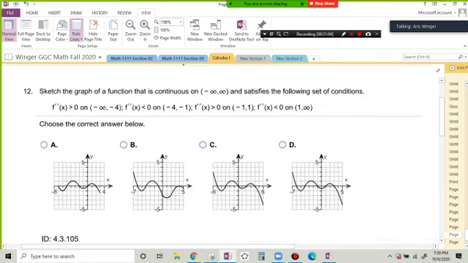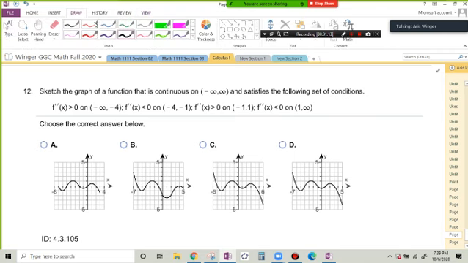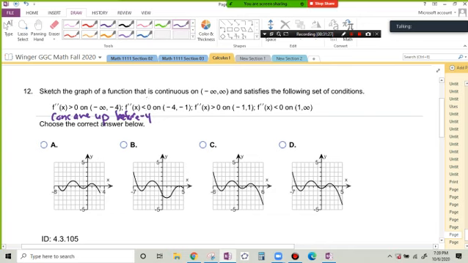Sketch the graph of a function that's continuous, no breaks, no jumps, on the whole real line, and satisfies the following conditions. All right. Concave up before -4. Gotta thin this thing out. All right.